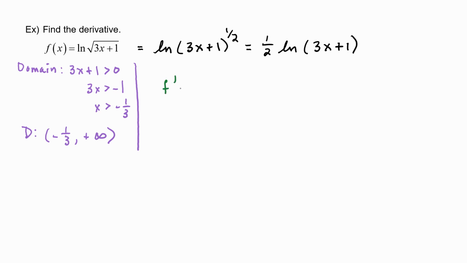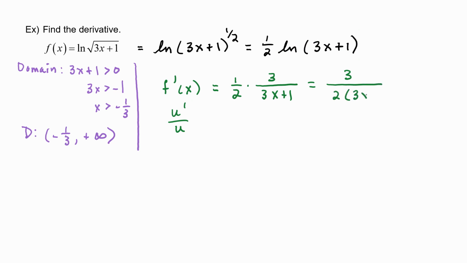So f prime of x, we're going to use the rule u prime over u, of course. That constant of 1/2 will come right down, and then applying u prime over u to the argument of the natural log, we will get 3 over 3x plus 1. So we can write this as 3 over 2 times the quantity 3x plus 1.